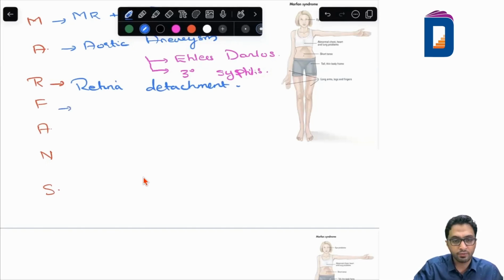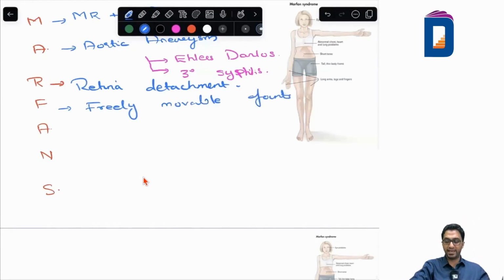Then, just from a mnemonic perspective, F is for freely movable joints or hyperextensive joints. Another point to note here is fibrillin 1 gene, so 2 F's are there here. That is the fibrillin gene.